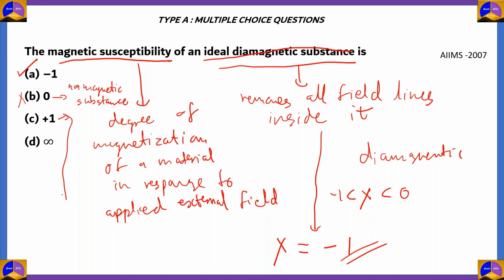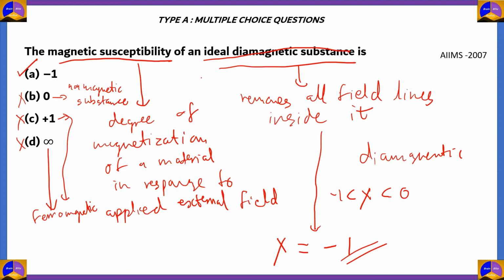This would mean that the object would be ferromagnetic, because a magnetic susceptibility of 1 means that the object can be strongly magnetized, which is possible for ferromagnetic substances. And for Xi equal to infinity, that will also be for ferromagnetic substances. So options B, C, and D are incorrect. The right answer is option A, -1.